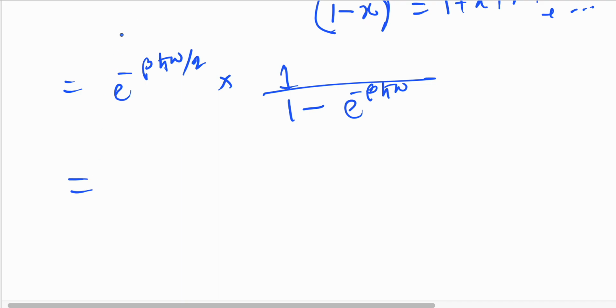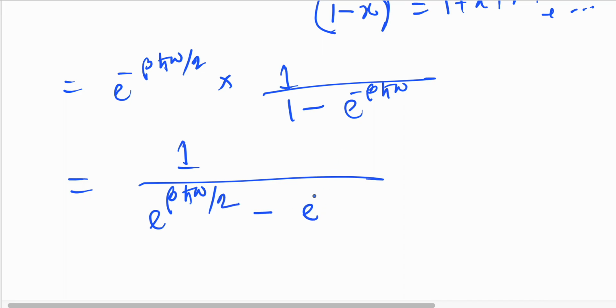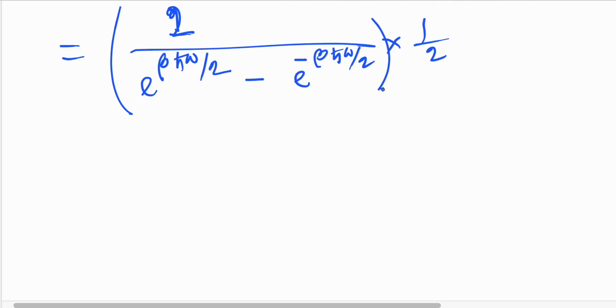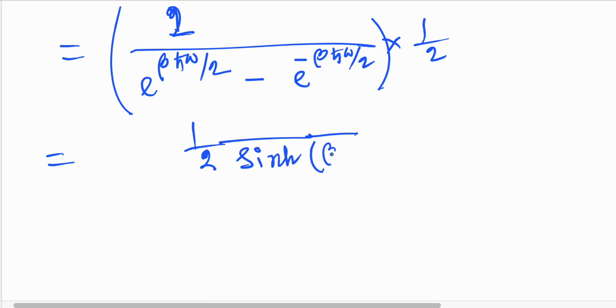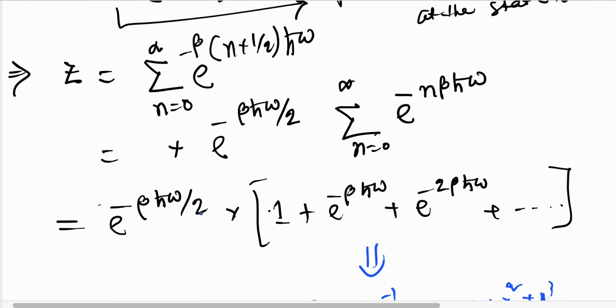If we multiply above and below by e to the power beta ħω/2, we get 1/(e^(βħω/2) − e^(−βħω/2)). Now let's multiply by 2 here and another 2 here. This quantity we know as 1/(2 sinh(βħω/2)). So this is the partition function.